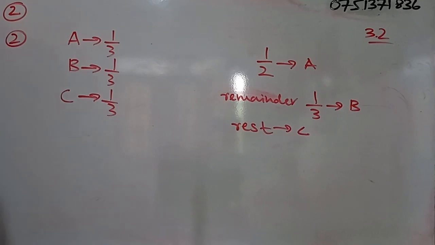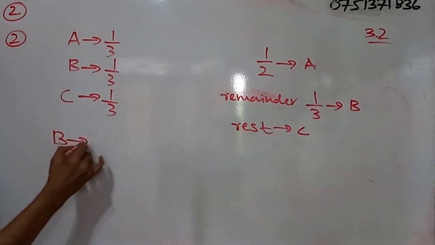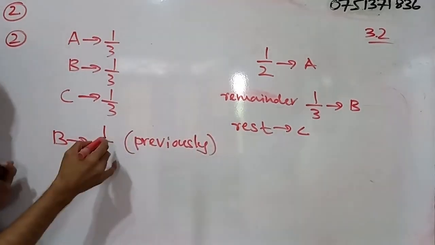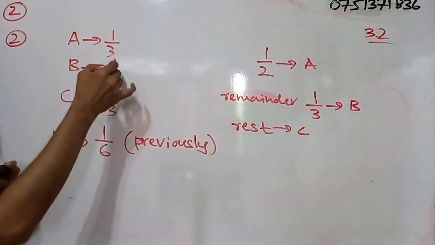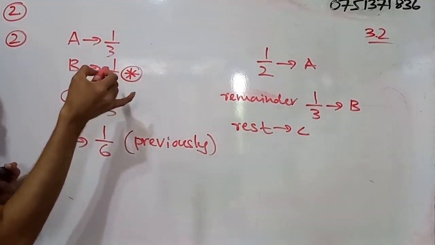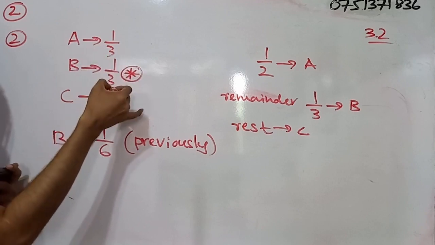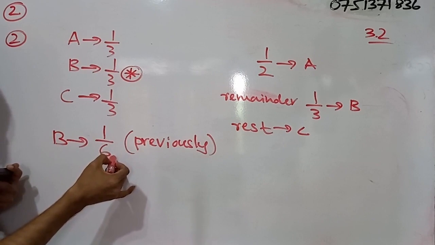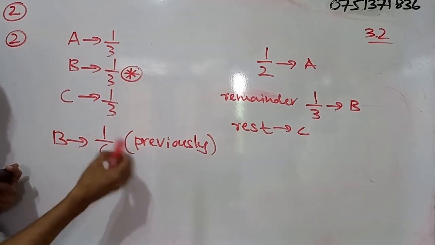So previously, what is the amount that B received? Previously, B received what? 1/6, no? This is previously, yeah? So we need to prove now that this amount that B received, which is 1/3, is twice the amount which B received previously.